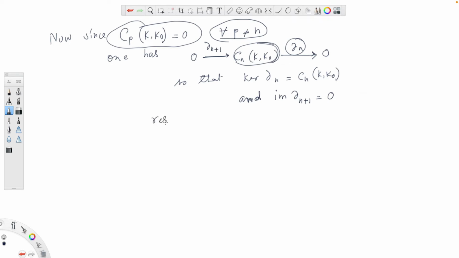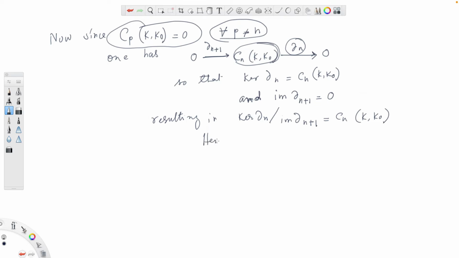Resulting in the kernel of delta n modded out by the image of delta n plus 1 being equal to Cn of K comma K0, right? Since the image of delta n plus 1 is trivial, the kernel of delta n quotiented out by the image of delta n plus 1 is just the group of relative n chains on K modulo K0.